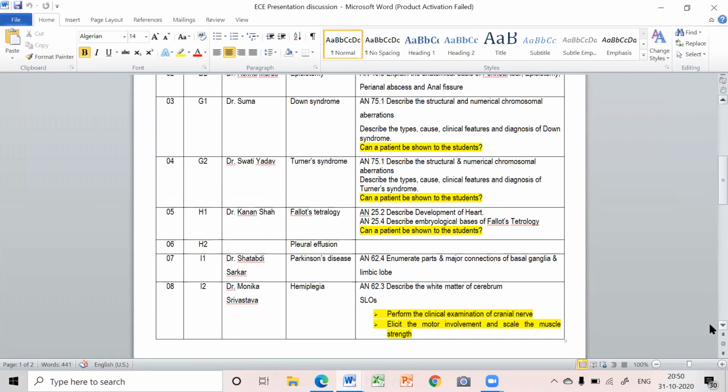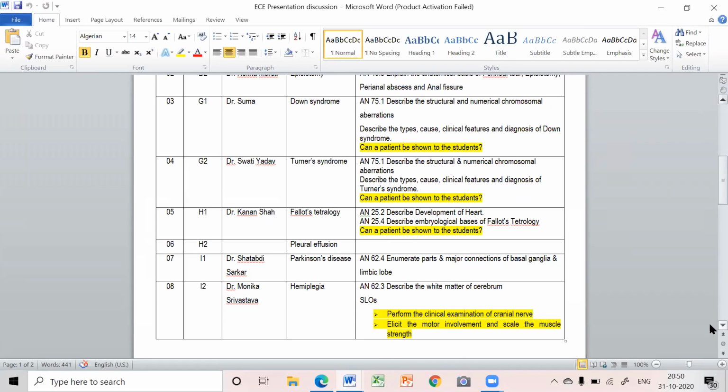Down syndrome patients may not be admitted at the time of the EC, but the pediatric department will always have the contact details of the patient and the parents. If you coordinate well ahead in time, the department will have enough time to contact the parents and bring the patient on the day of the EC session, so the students can have a look at the patient.